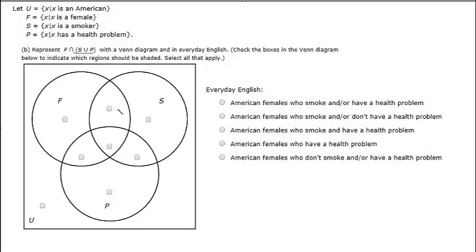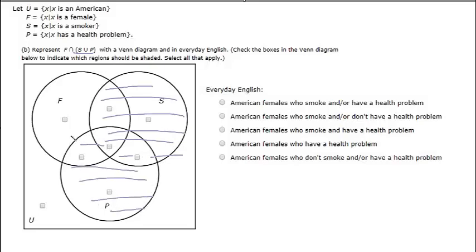So anybody, so this is union, so anybody that's in this area, and this area, but well, that didn't cut too many people out, only cuts that one gal out. Oh, they have to be, now this says they also, so I did the S union P, that's both S and P there, S or P. Any member that's in either S or P is how you would actually state that.